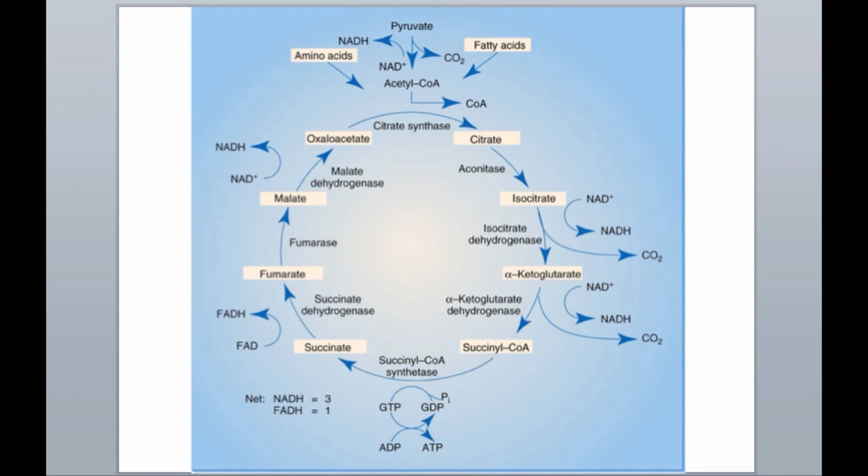Now, one thing I did want to point out here, going back one slide, is in the details of the citric acid cycle, you can see where carbon dioxide is being produced in this step as well as this step. And you can see even from the conversion from pyruvate to acetyl-CoA, we're getting a carbon dioxide as well.